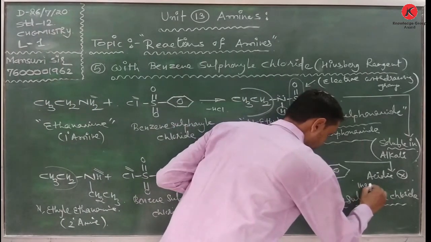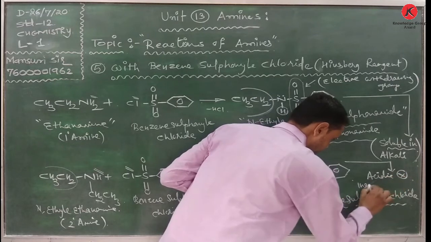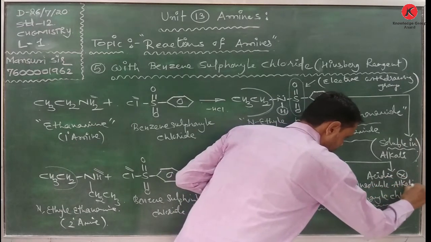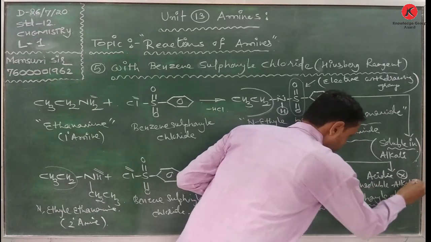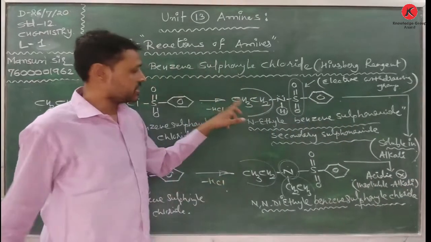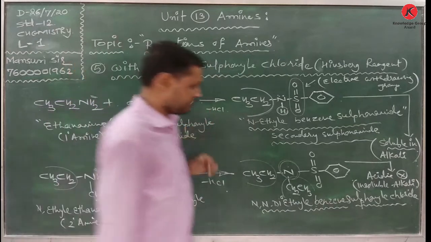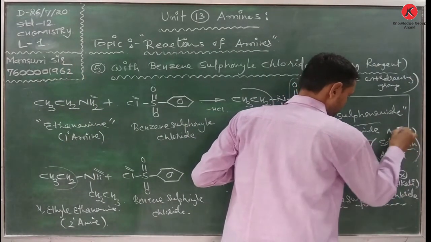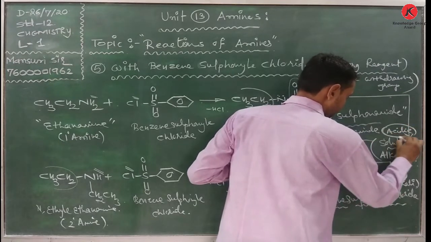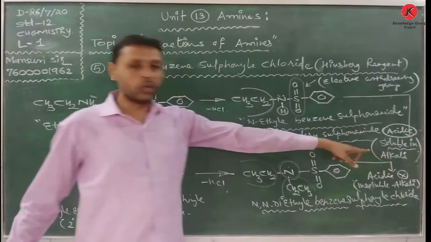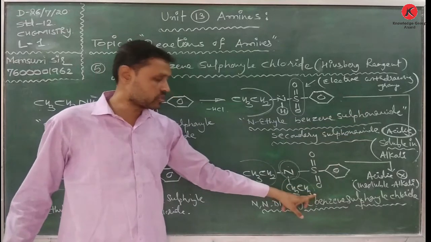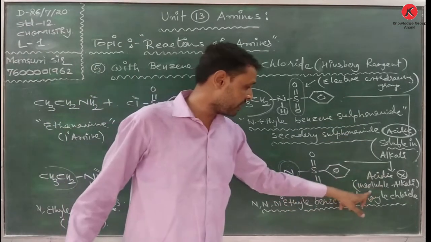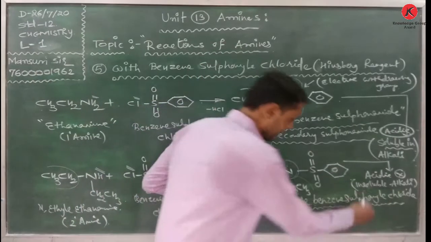The first substance becomes acidic, so it is soluble in alkali, and this substance does not have acidic hydrogen, so it is insoluble in alkali.